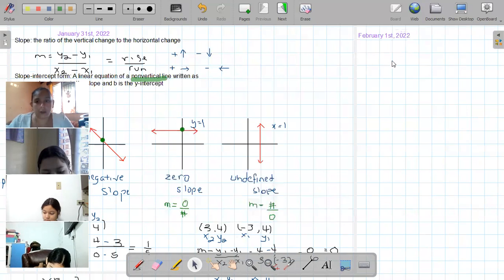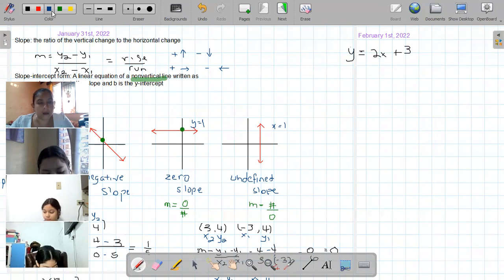Slope-intercept form equations. So if I have an equation that is, for example, written in the form y is equal to 2x plus 3, since it has the variable y completely alone, we can determine that the number right next to the variable x will be the slope, okay?